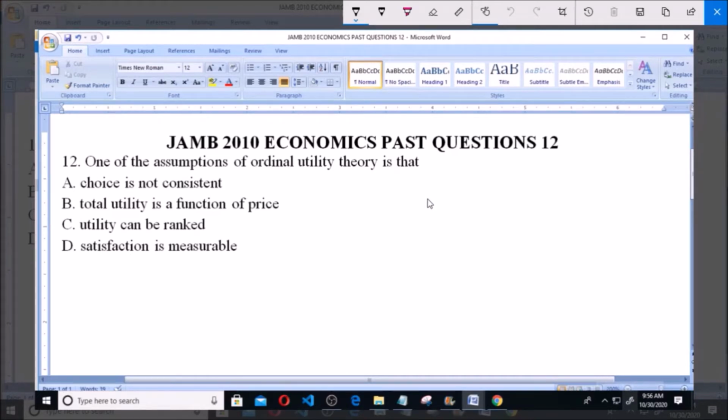While cardinal utility is the utility wherein the satisfaction derived by consumers from the consumption of goods or services can be measured numerically. On this basis, option D is the correct option, which says satisfaction is measurable.